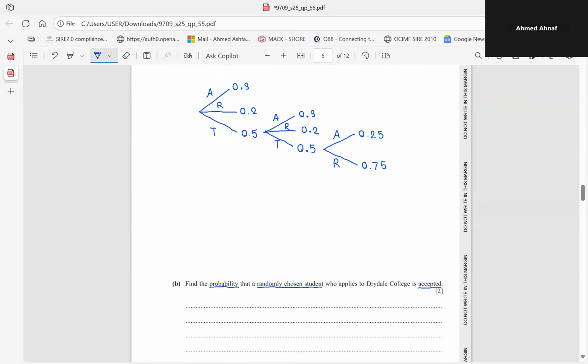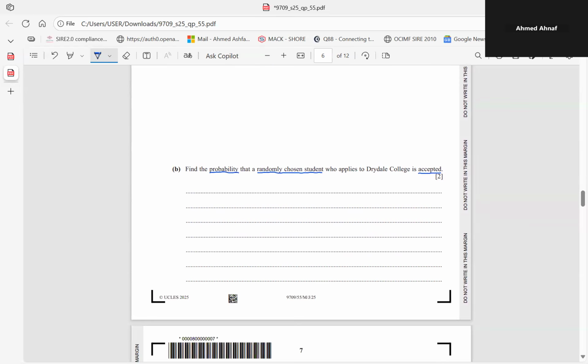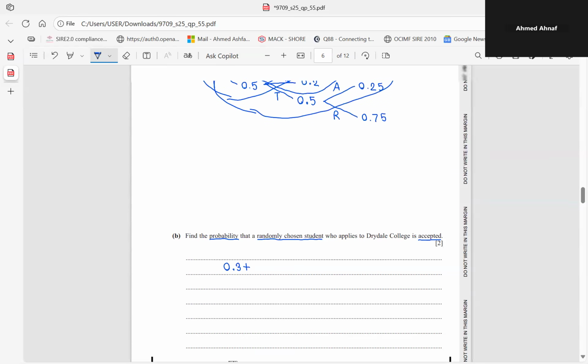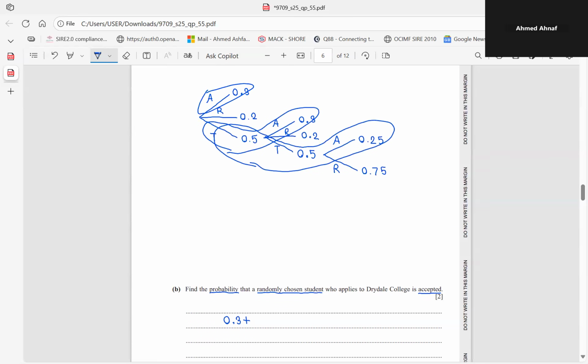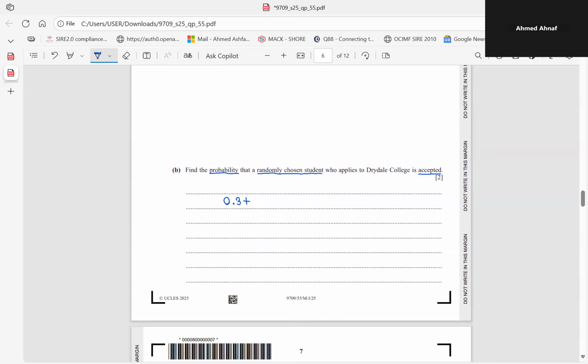Either you get accepted on your first try, or you take two tests and get accepted, or you take three tests and get accepted. If you take one test, your probability is just 0.3. Then you add the probability of taking two tests and getting accepted, that's 0.5 times 0.3.